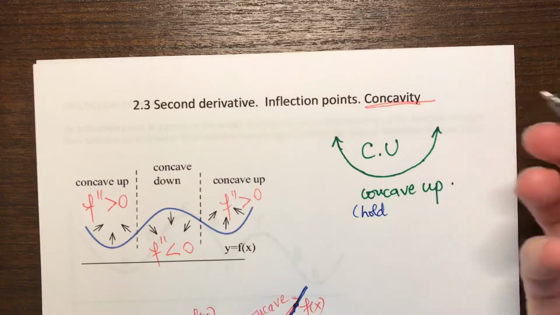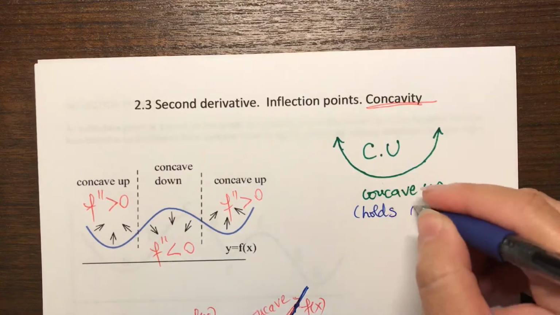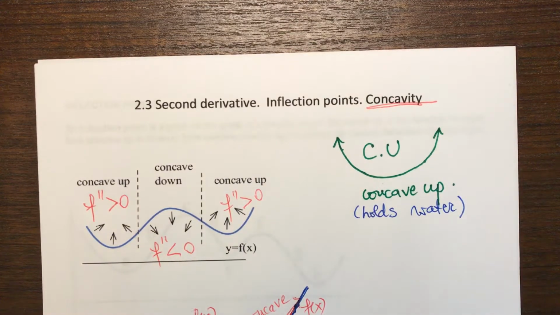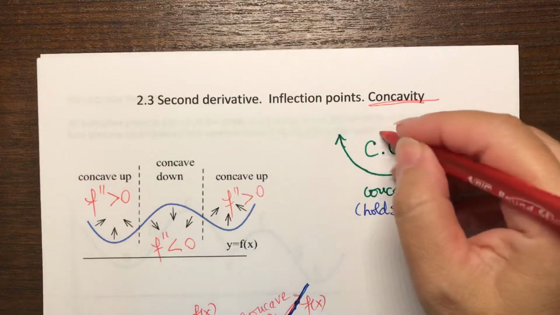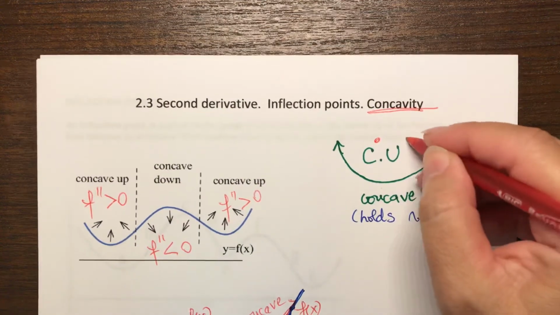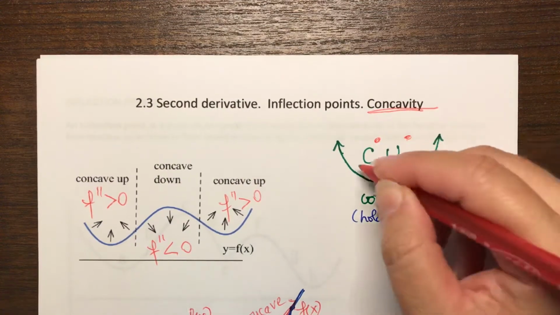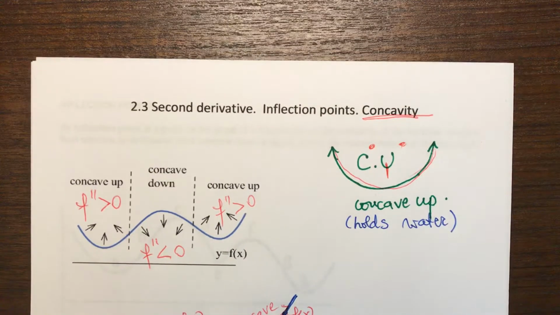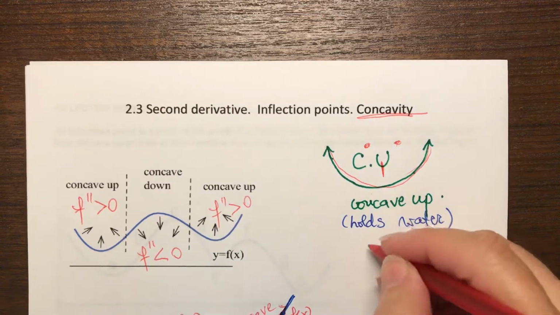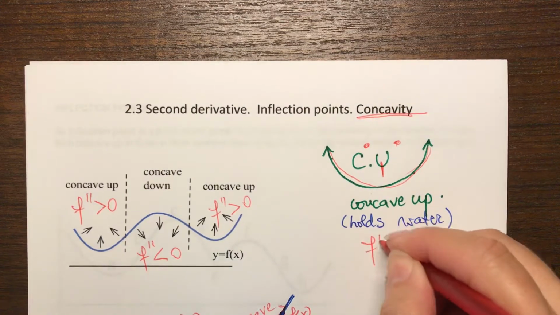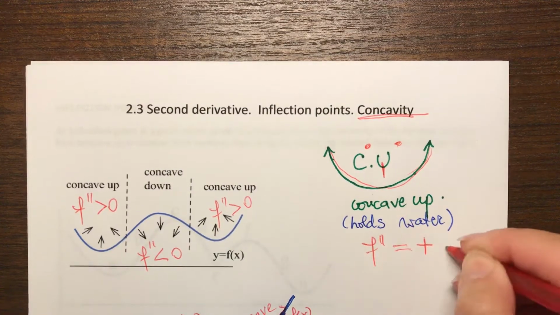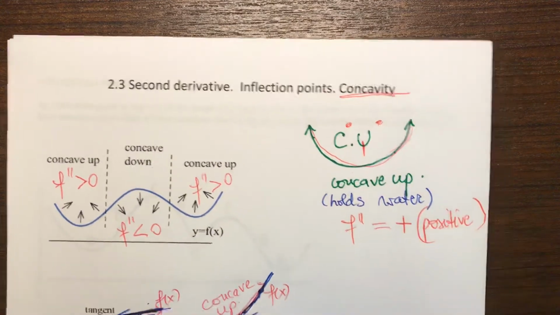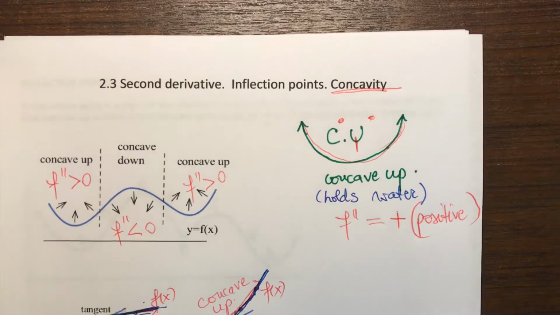And you see it's turning up, right? Now, another way of remembering, that's my favorite, is that a concave up graph is a smiley face, right? So again, concave up means that the second derivative is positive. So positive, smiley face, yes?